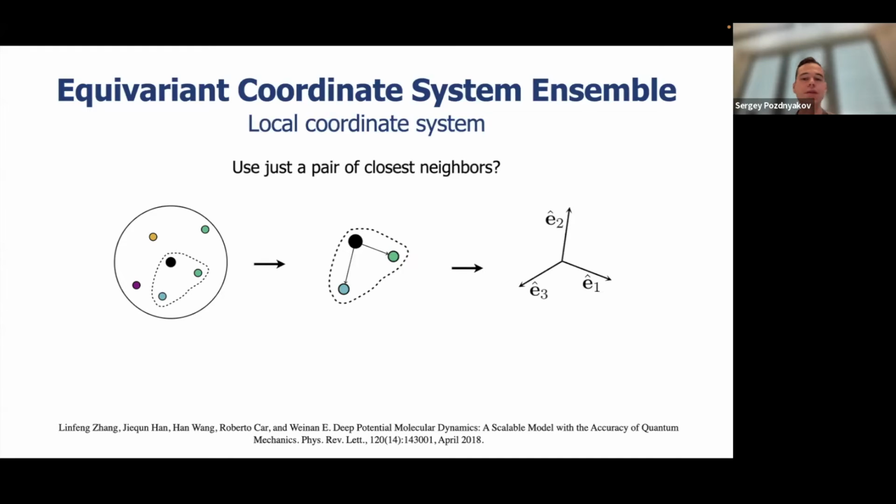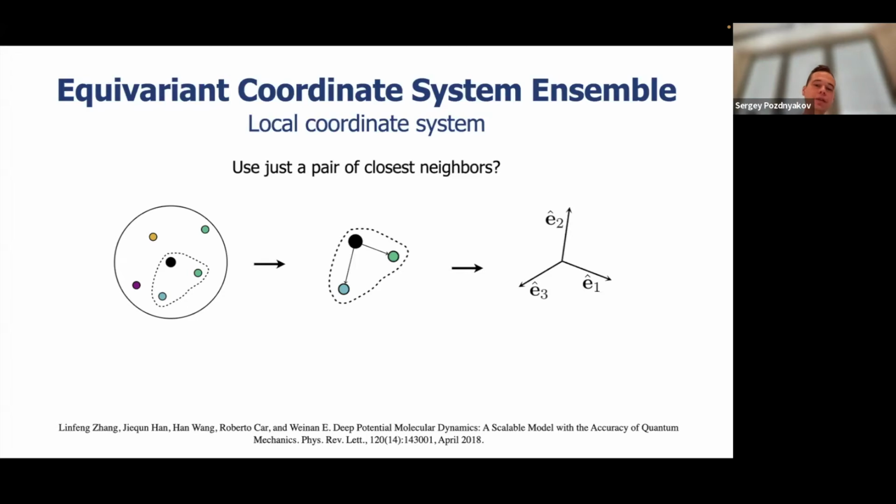And next, we can define a coordinate system for this triplet of atoms. It is actually not rocket science how we define a coordinate system given a triplet of non-collinear items. We just need to compute two displacement vectors, normalize them, compute a couple of vector products, and it is done. So the problem is solved, done, easy.